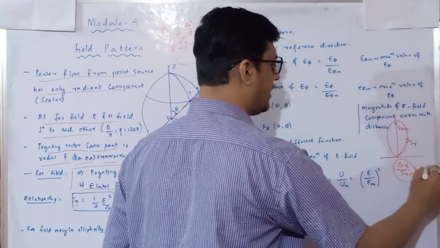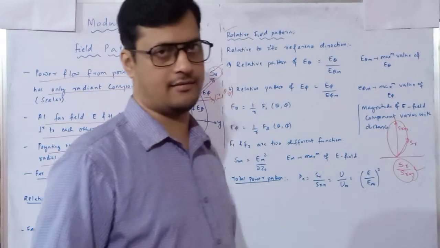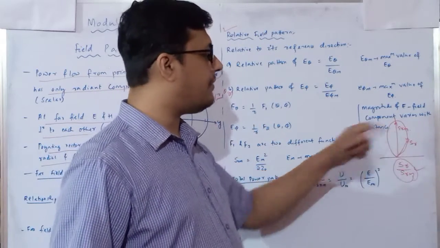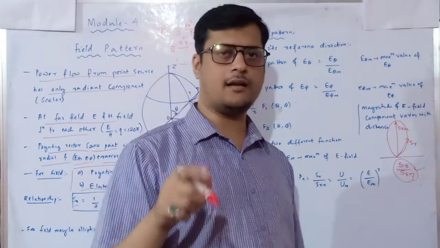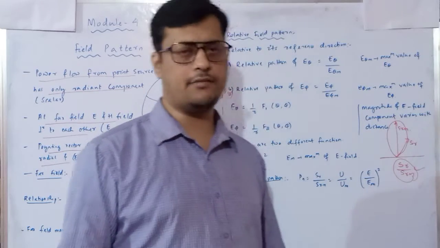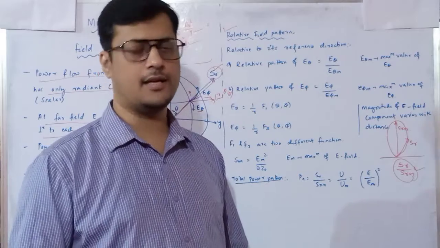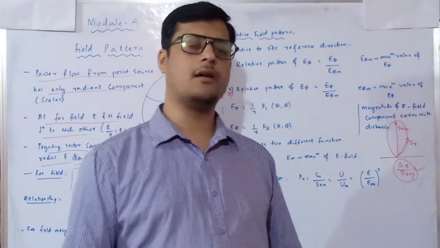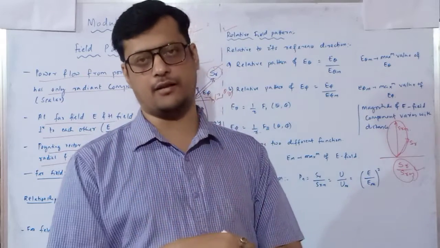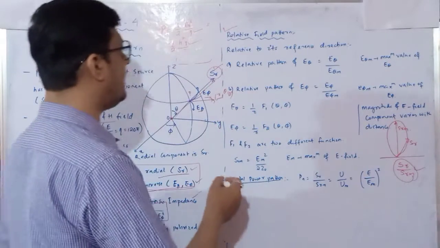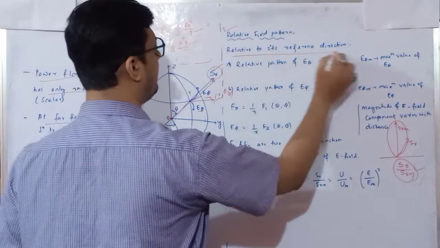This is called the relative pattern. If you divide SR by SRM, the maximum value will be 1, and elsewhere it will be SR divided by SRM. Like that we can analyze. That is called the relative pattern. And once this relative pattern is known, the power pattern can be easily determined by taking the square of that relative value. So how is it? Let's see. It is relative to its reference direction.